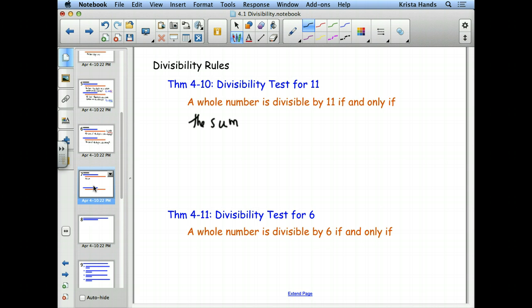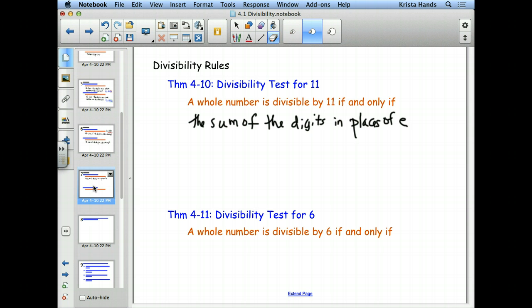Okay, that's all right. All right, so a number is divisible by 11 if and only if the sum of the digits in places of, in fact, I don't even like how I wrote this before. Let me try this a different way. Let's say it this way.